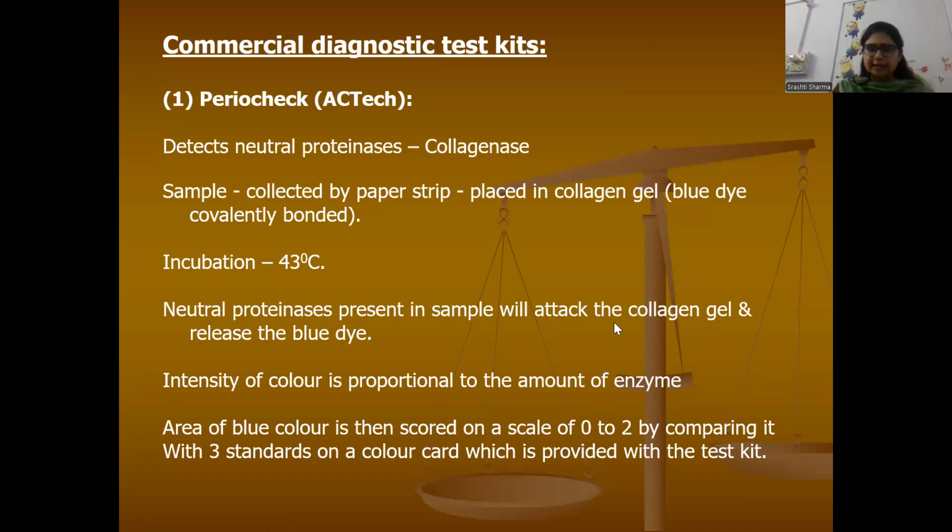Incubation temperature is 43 degrees Celsius. Neutral proteinases present in the sample will attack the collagen gel and release the blue dye. Intensity of color is proportional to the amount of enzyme. Area of blue color is then scored on a scale of 0 to 2 by comparing it with 3 standards on a color card which is provided with the test set.